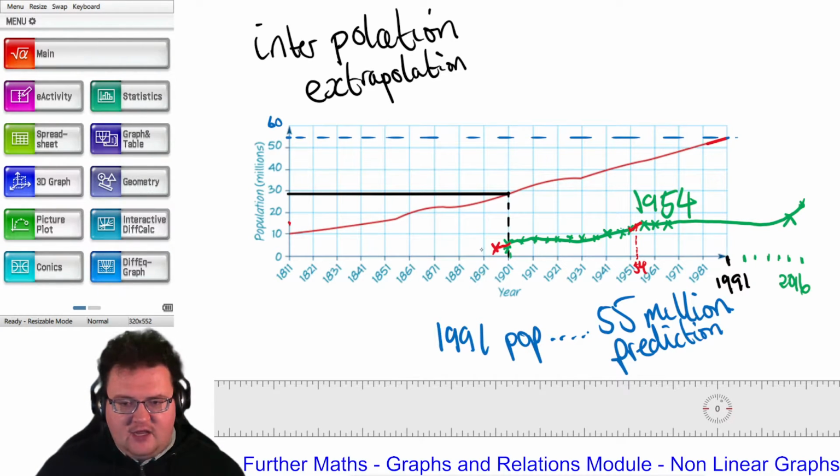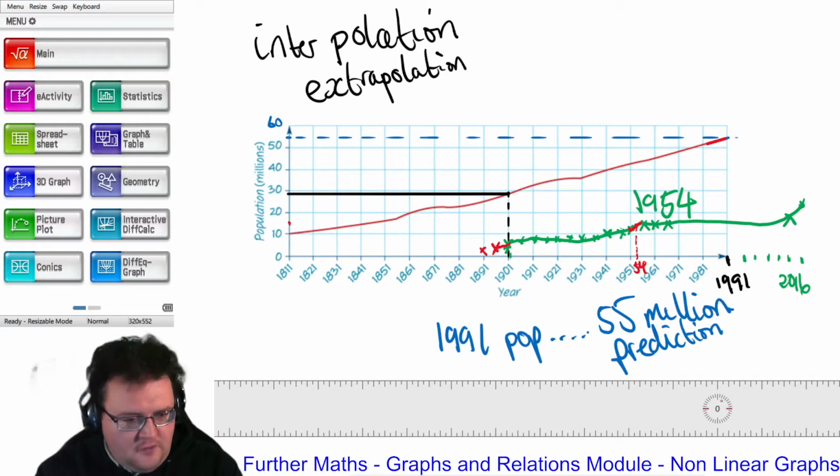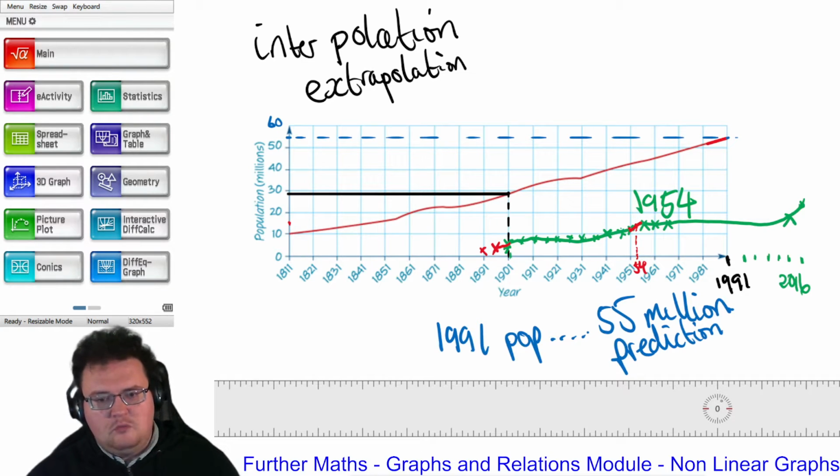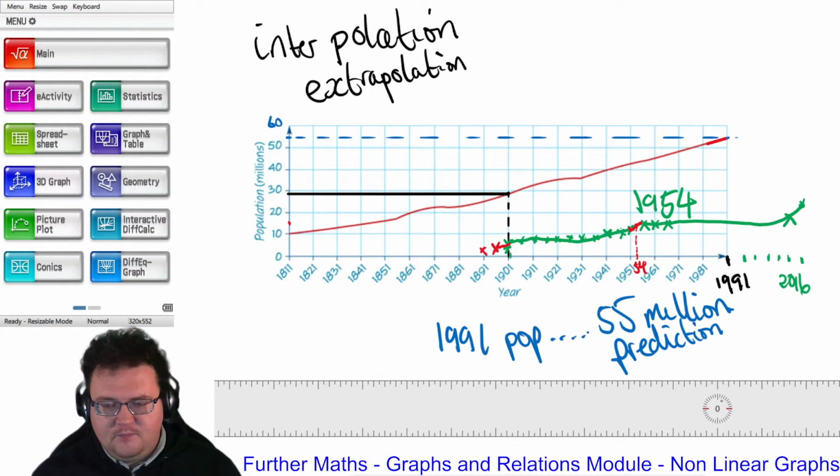And then I could go back and keep going and make a prediction about 1891. Further, and I could go further and further back to get to whatever time I wanted. However, the further I get away from my data, the more unpredictable or inaccurate it could be.